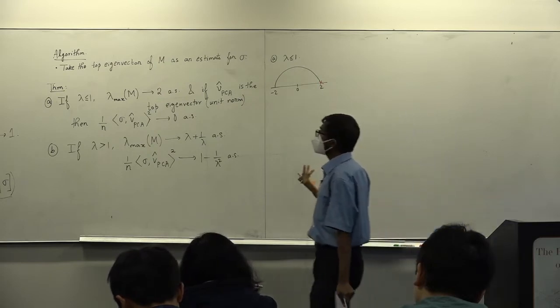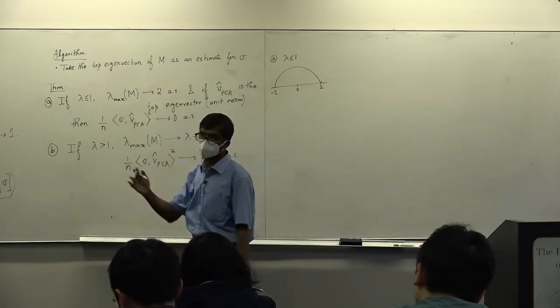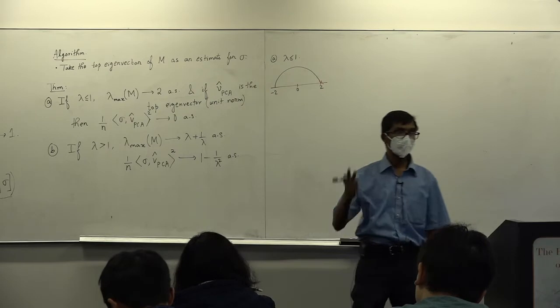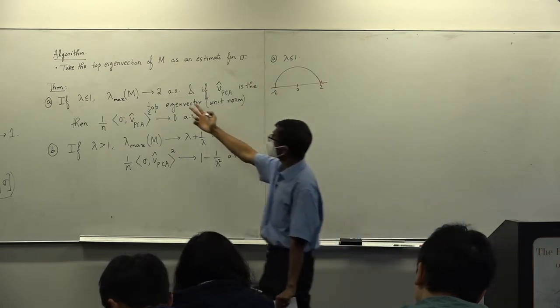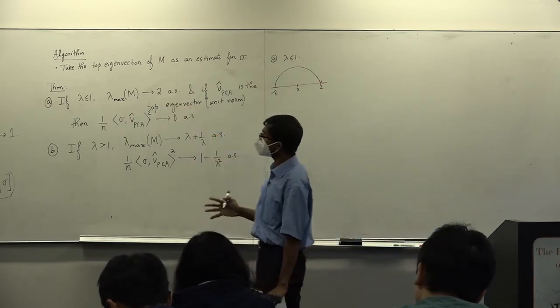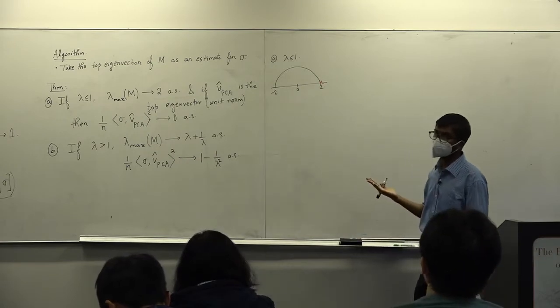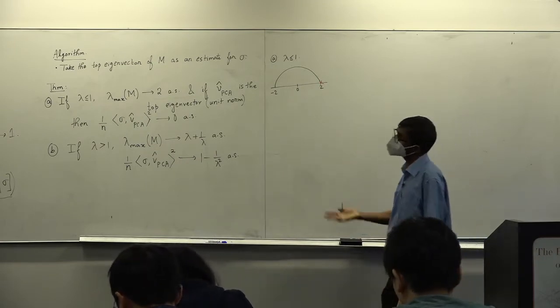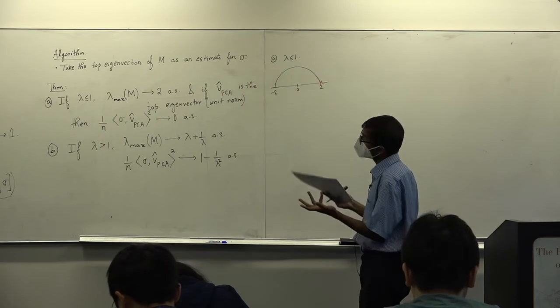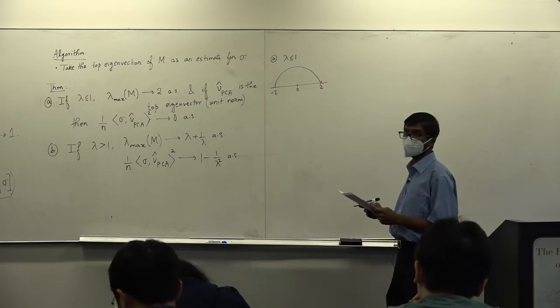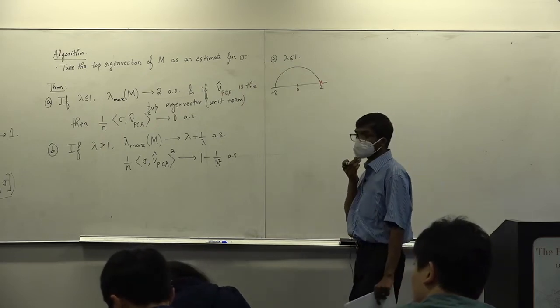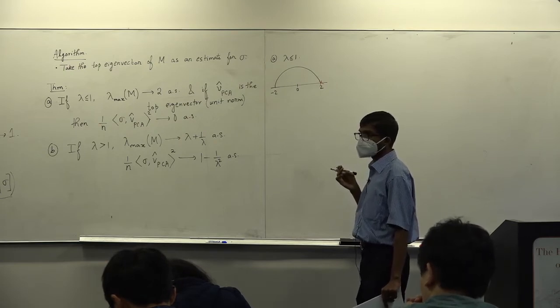And therefore, as you expect, if you try to detect the presence of the signal based on just the value of the top eigenvalue, it doesn't have any power. In fact, no test has power. The test based on the largest eigenvalue also doesn't do anything non-trivial. Yeah, so the semicircle is for a Gaussian random matrix.